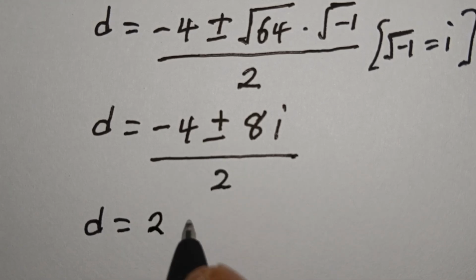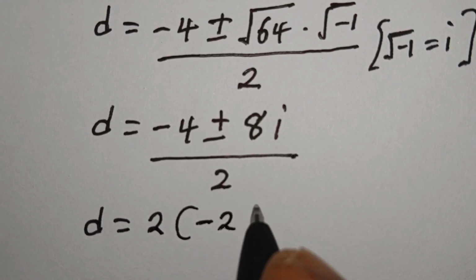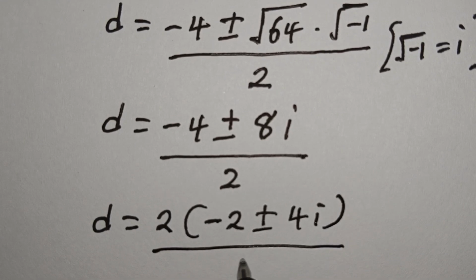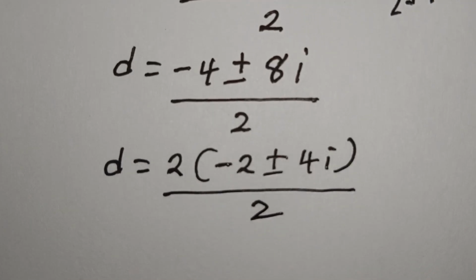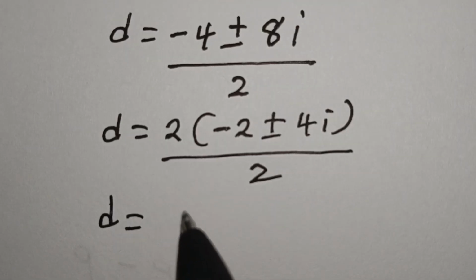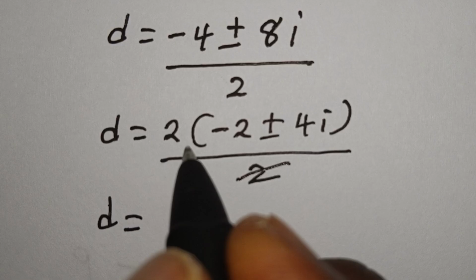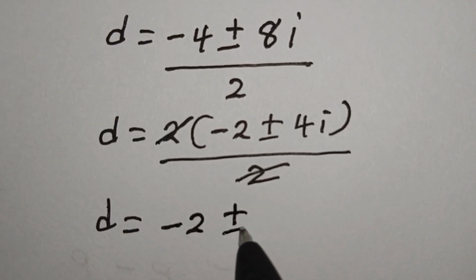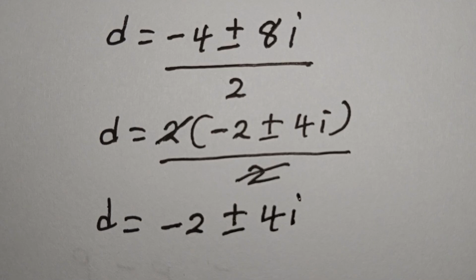So that will be 2 into minus 2 plus or minus 4i, divided by 2. D equal to, clearly, 2 cancels 2. We have minus 2 plus or minus 4i.